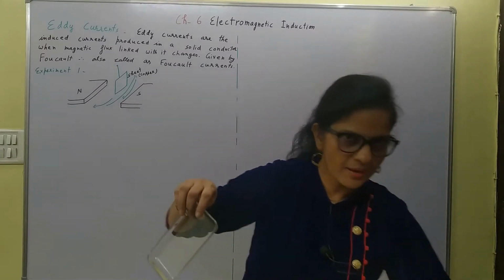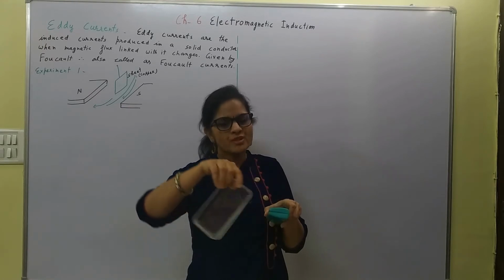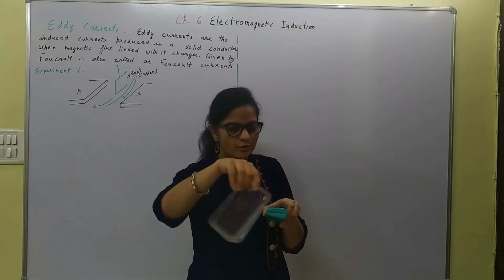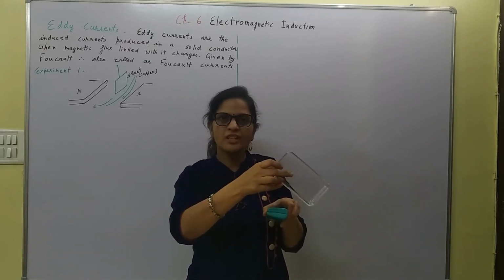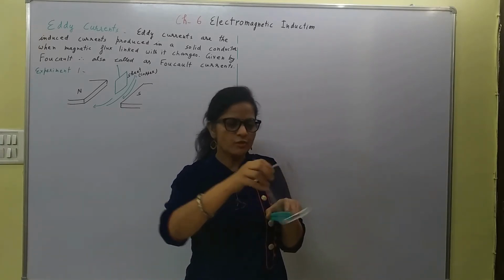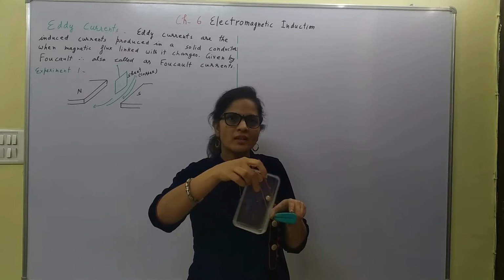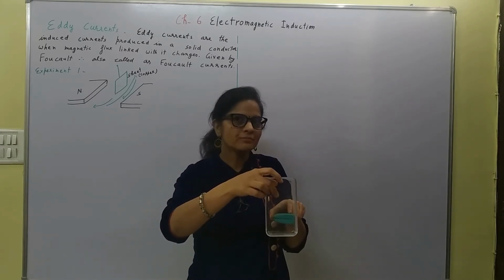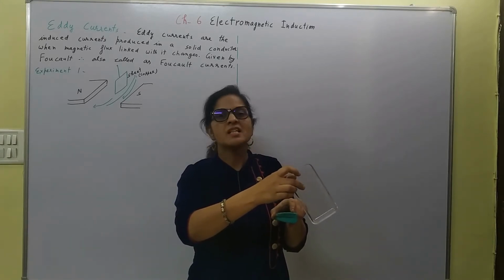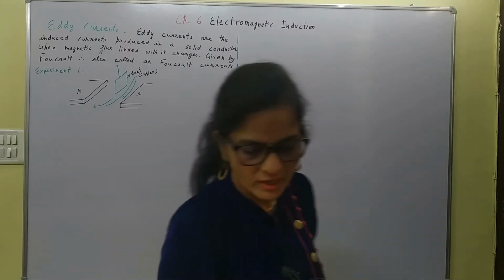So when it is entering the gap, the direction of the current in the sheet will be such that it opposes the approach of the sheet. And when it is moving out, the direction of the induced current in the sheet will be such that it opposes the receding away of the metallic sheet from the gap between the magnets. So this way it is opposing actually.